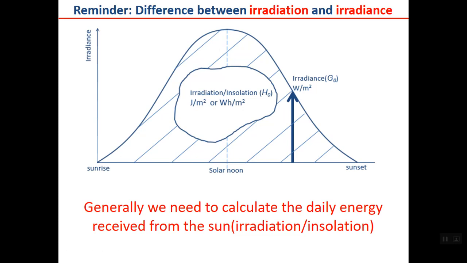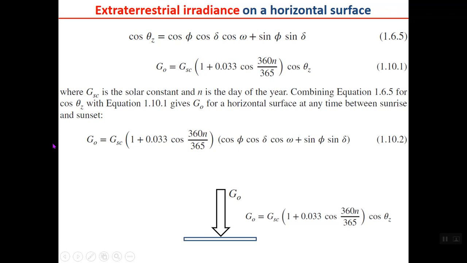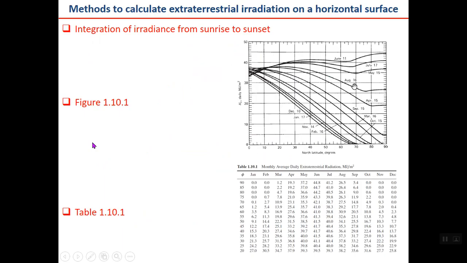Now, if you want to calculate the irradiation from the irradiance, there are some methods which I summarized here. These are the methods to calculate the extraterrestrial irradiation or energy on a horizontal surface. The first, and maybe the best, is the integration of irradiance from sunrise to sunset.